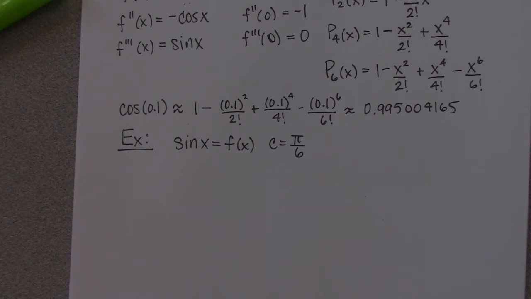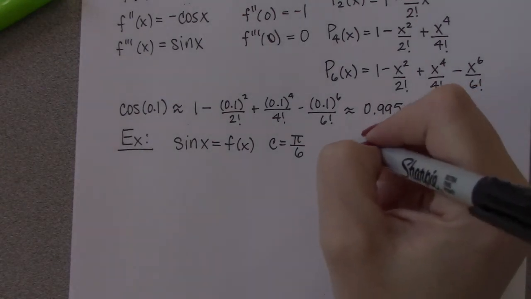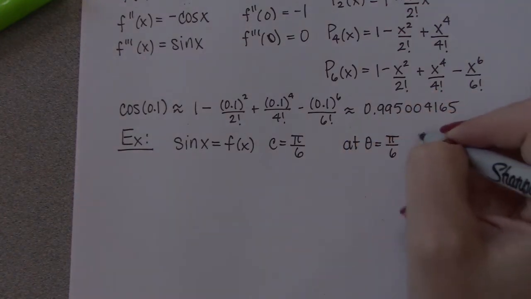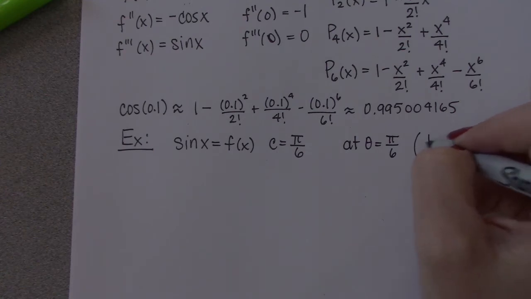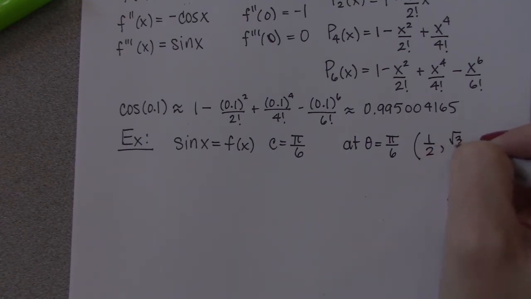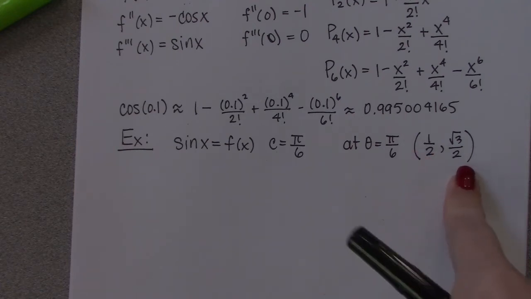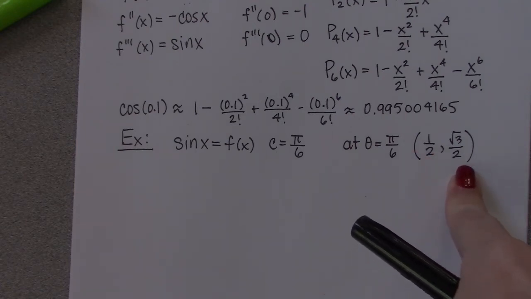And on the unit circle, we know that at theta equals pi over 6, the point on the unit circle is 1/2, square root of 3 over 2. So that means anytime we have to deal with cosine, we're going to get back a half. And anytime we have to deal with sine, it's going to return square root of 3 over 2.